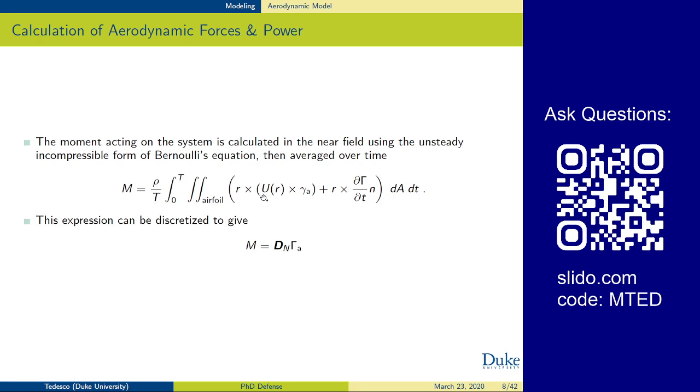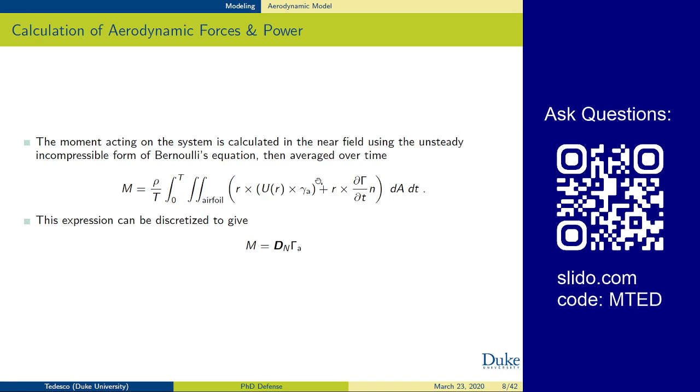We see our traditional steady lift, rho u cross gamma, and then an unsteady lift, d gamma dt, both crossed with basically the position vector r to get a moment. This is integrated over the airfoil and then integrated over time, and then we divide by the period to get our average moment over that given period.